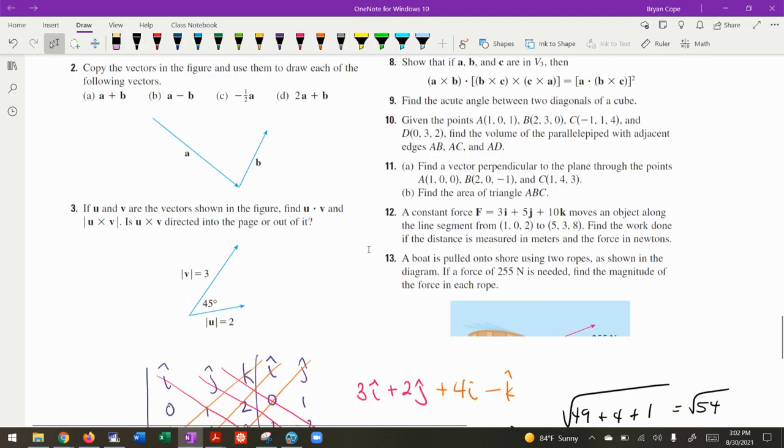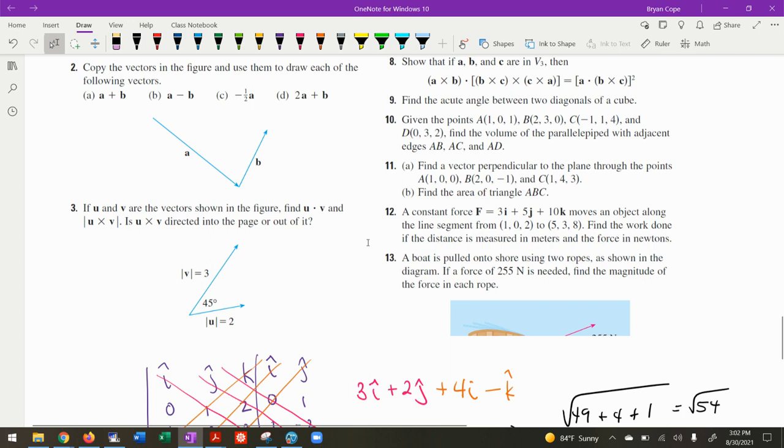So it says, find a vector perpendicular to the plane through the points 1, 0, 0, 2, 0, -1, and 1, 4, 3. Go ahead. Like 101.